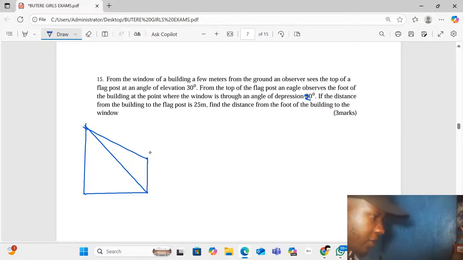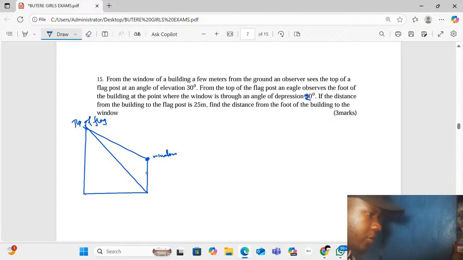Then top of flag. This is the top of the flag.